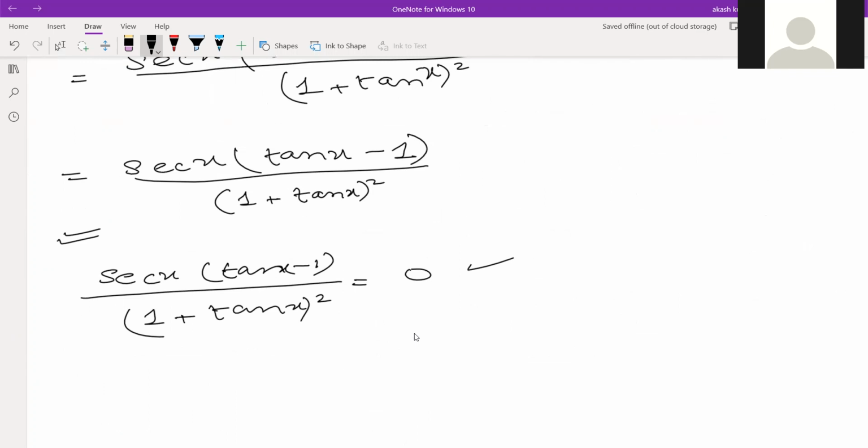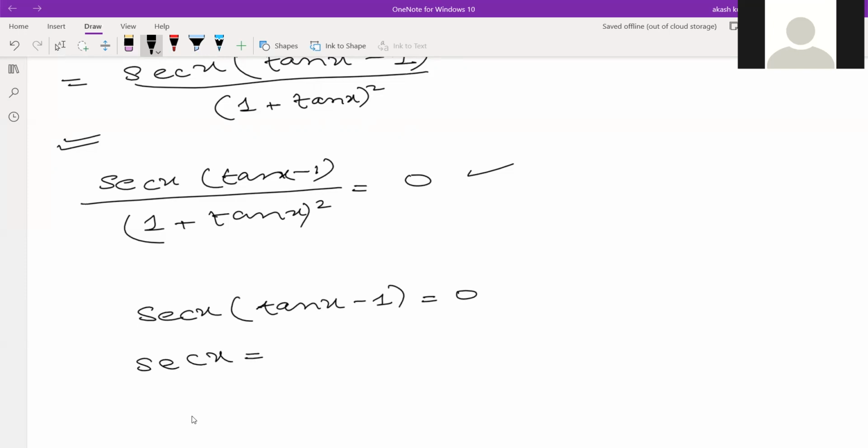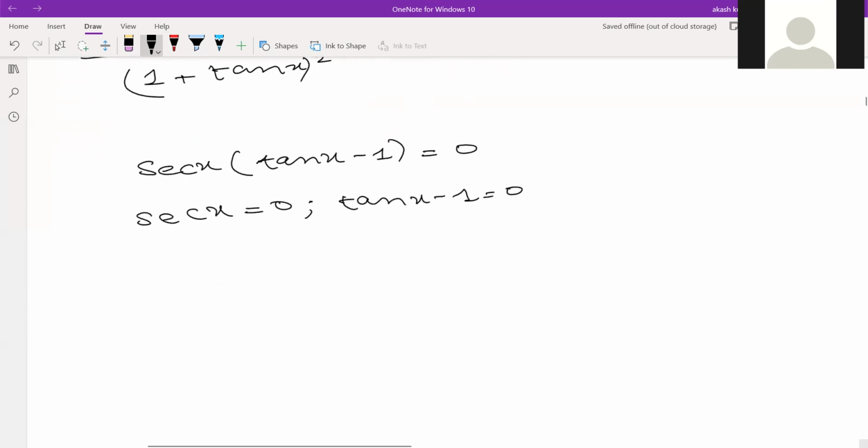So we can equate it: sec x tan x minus 1 equals 0. And sec x will be equal to 0 and tan x minus 1 will be equal to 0. Is it clear? Yeah. Okay.